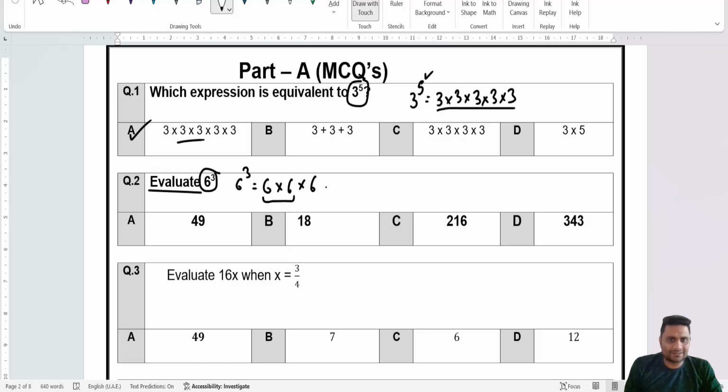And then 36 times 6 will give you 216. You can check also. 36 times 6. 6 times 6, 36. So 6 will come down, 3 will go up, and 6 times 3, 18. 18 and 3, 21. So here 216, option C. Very simple question.